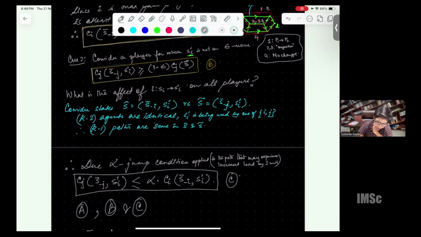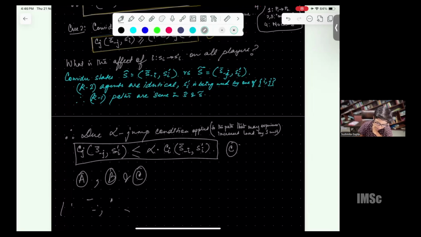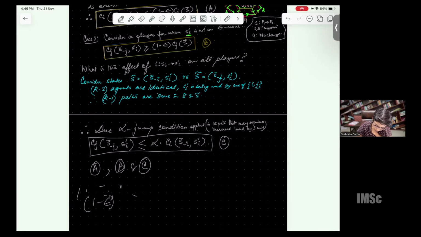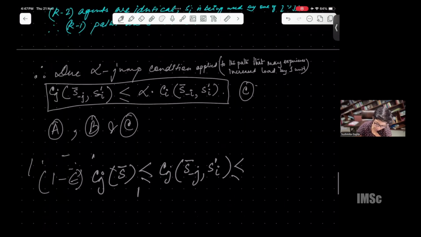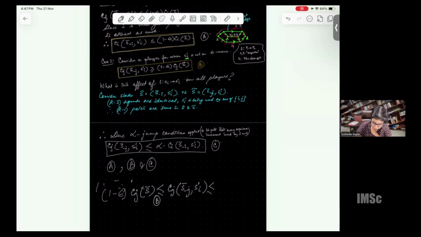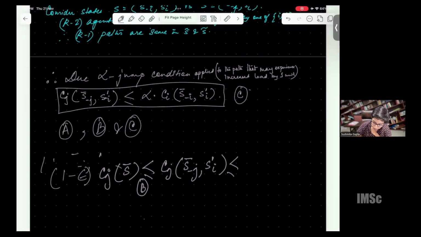Let me just copy this Cj. This is inequality B. In comparison to Cj, using the inequality C, I know it is alpha times Ci, the most improving player.